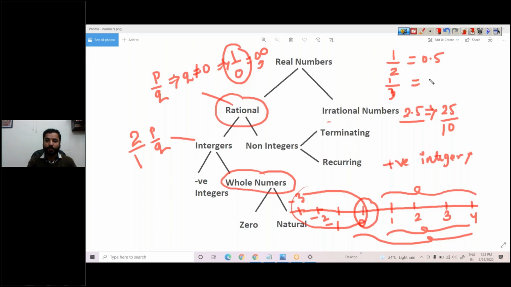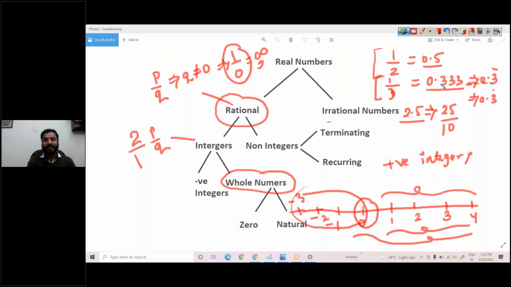If we try to solve 1 by 3, we will get 0.3333. That means 3 is repeating here. So we have two things. This one is a terminating decimal because we have got the final result. But in this case, we have not got the final result. As we can see, the 3 is repeating. We can write it as 0.3 bar or 0.3 with a dot.